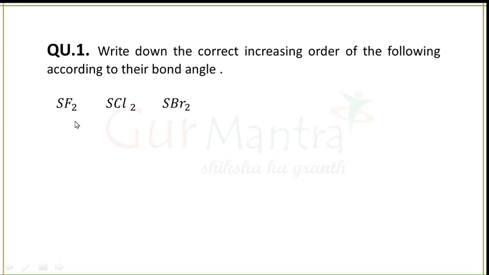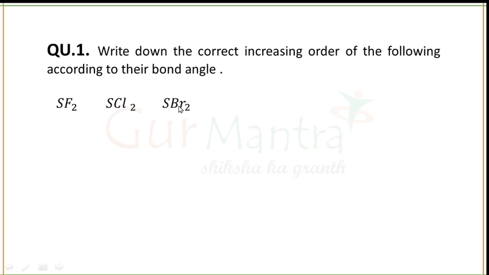the side atoms are different, then the electronegativity of the side atom determines the bond angle. If the electronegativity of the side atom increases, then the bond angle decreases. As you know, fluorine has the maximum electronegativity, so the bond angle of SF2 should be minimum, while Br2 has the minimum electronegativity as compared to fluorine and chlorine, so it must have the greater bond angle.